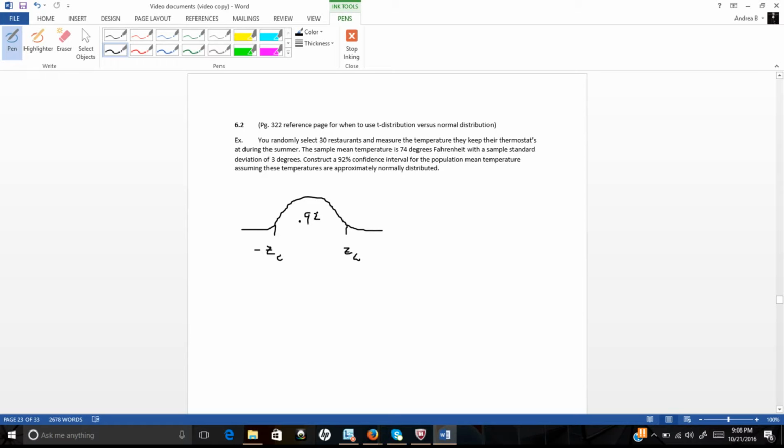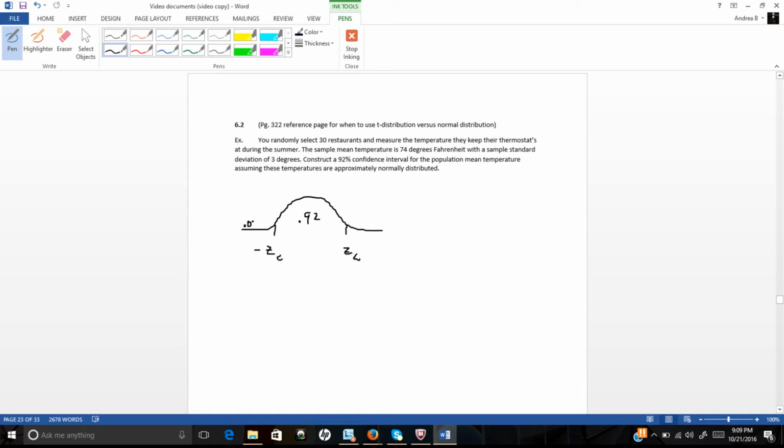There are a couple different ways that you can go about finding it. Probably the easiest way is to first figure out what portion would go on these two outside parts of this normal curve. If we have 92% in the middle, that leaves 8% on the ends, which means 4% on each individual end.